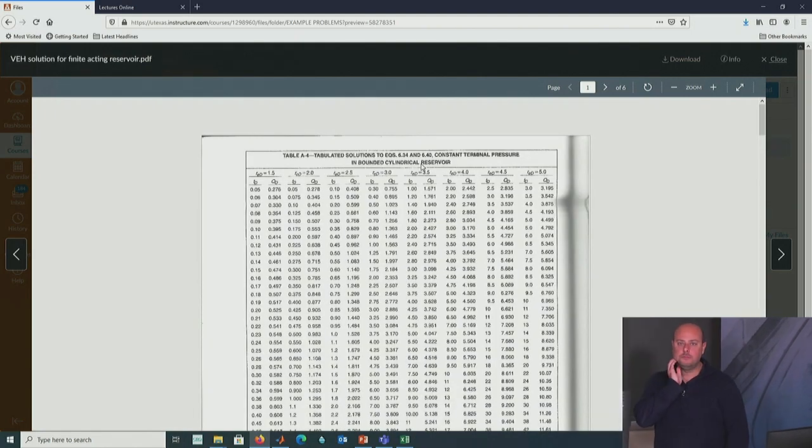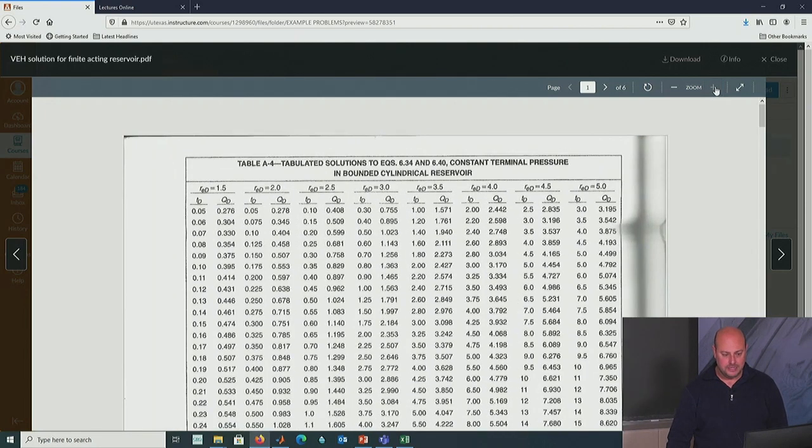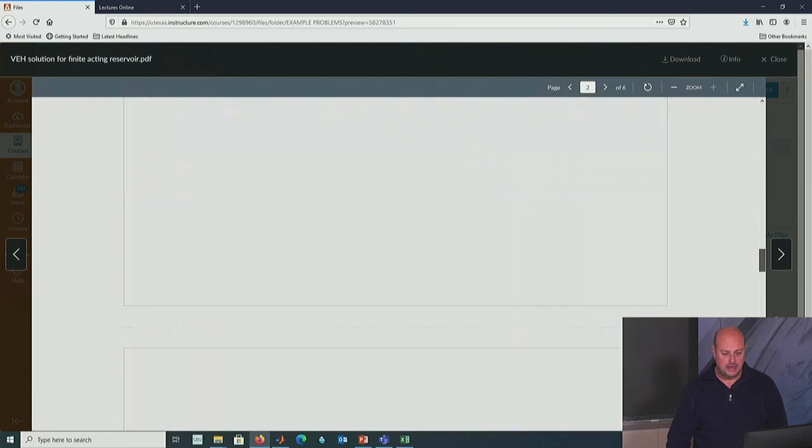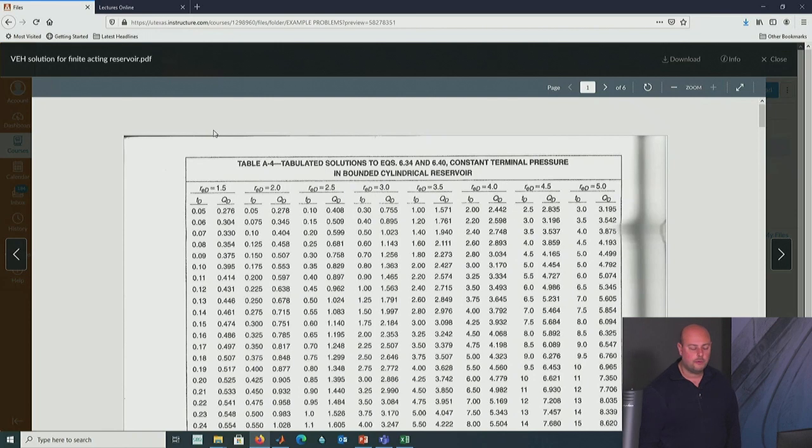For later times, where the outer boundary is having an impact, there's a different table. It's a longer table. In that case, you have to determine what your RED is first. Just as a reminder, that's the ratio of the aquifer radius to the reservoir radius. Based on that, you find your TD, and then you find your WED.